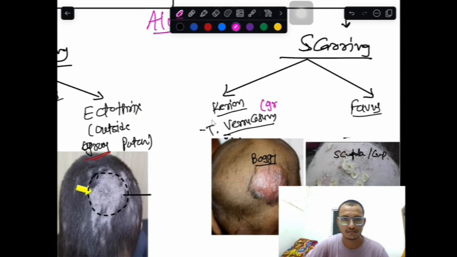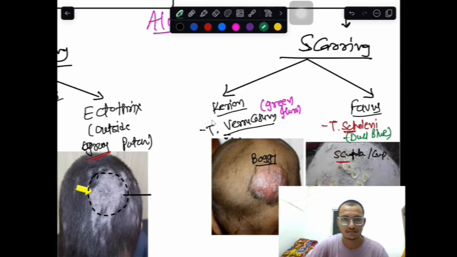How do they look? They look like green fluorescence. And here one is Trichophyton schoenleinii. Schoenleinii, scutula, cup-like. Which color do they look like? Dull blue color colony.